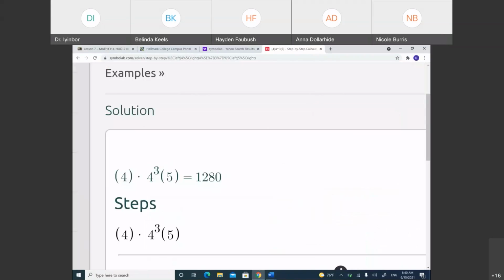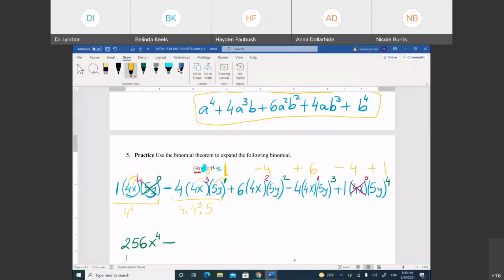Everybody see that number? So it's going to be 1,280, and then x cubed and y.